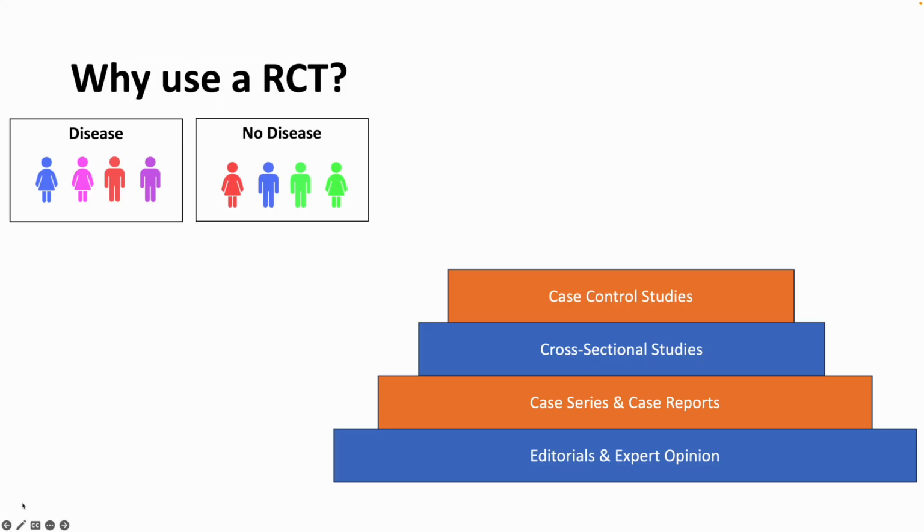Now, a little bit of a more sophisticated way that we can look at underlying conditions and understand how disease may vary according to different exposures is going to be a case control study, where we get two groups of individuals, one being individuals with the disease and the other group being individuals without the disease.